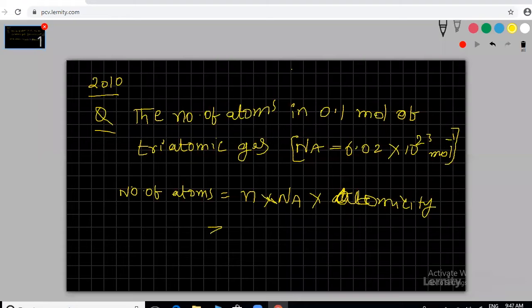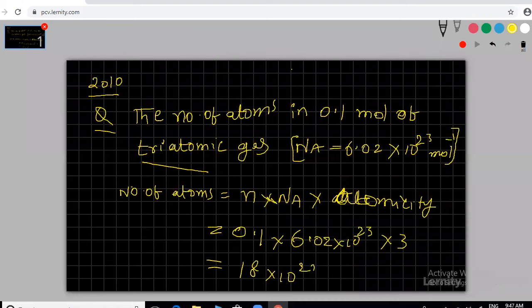The number of moles is already given as 0.1, into Avogadro number 6.02 into 10 power 23. They mention triatomic, which means 3 atoms, so into 3. So this is your answer, approximately 18 into 10 power 22, otherwise 1.8 into 10 power 23.